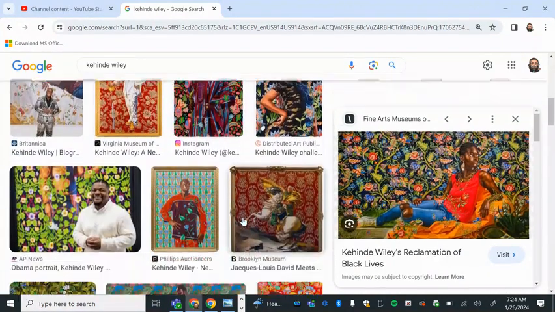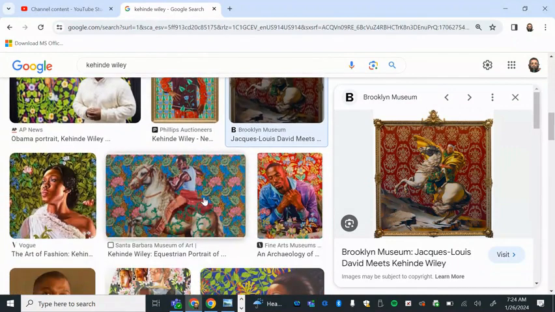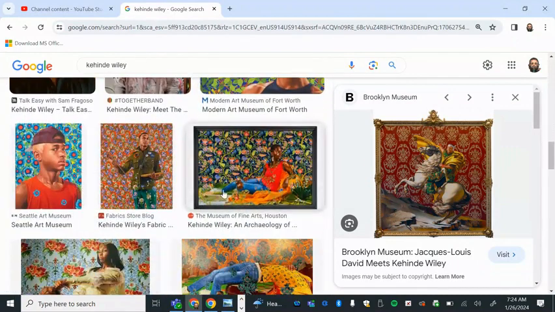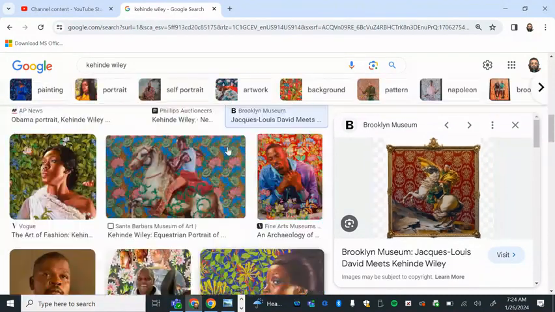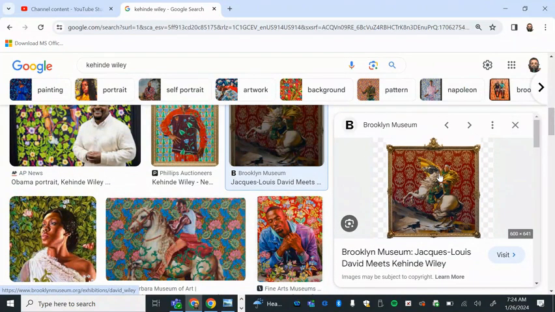But another reason why I love his artwork is that he is a fan of art history, and he looks at art history and then recreates it for the African American because most of art history is white centered. And so he repackages it, and he has his own take.